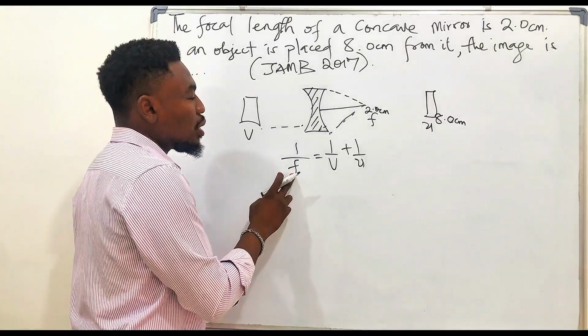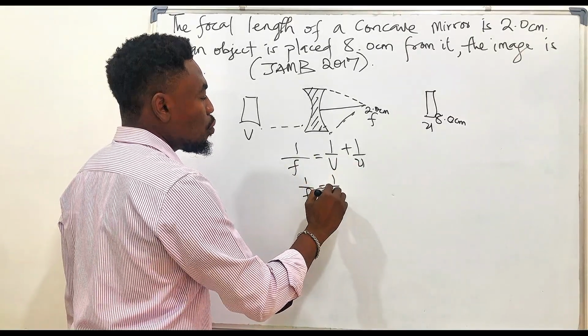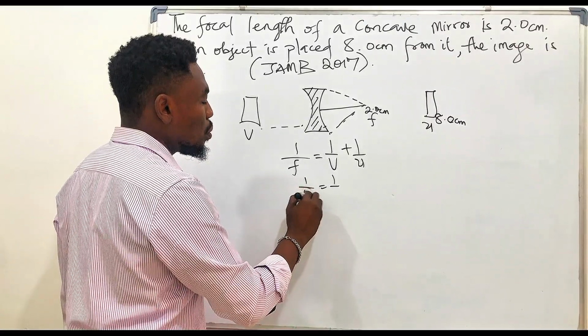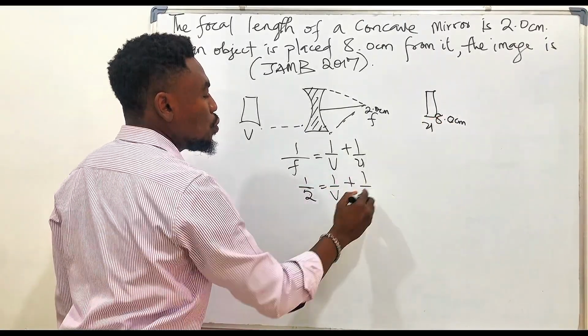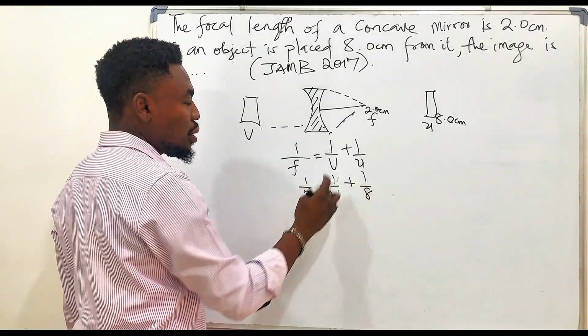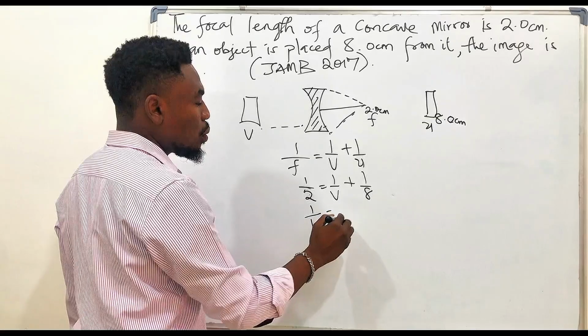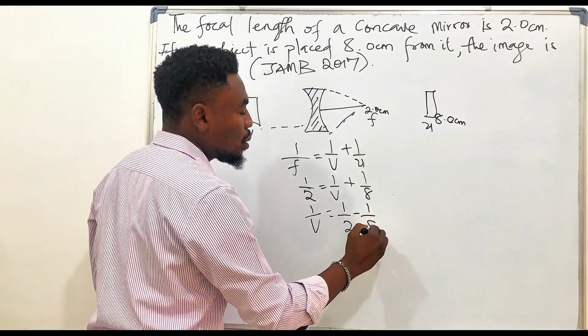We already know what f is, we know what u is, so we can substitute: 1 over f is equal to 1 over 2, equal to 1 over v plus 1 over u. u is 8. So to get 1 over v, we can bring this here. So we have 1 over v is equal to 1 over 2 minus 1 over 8.